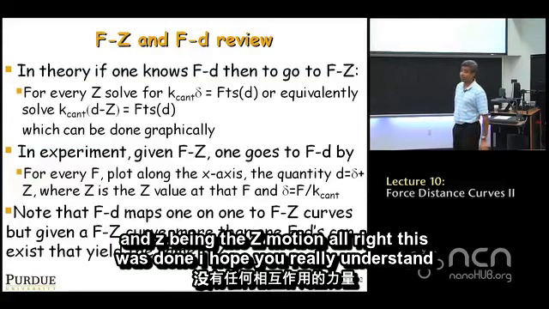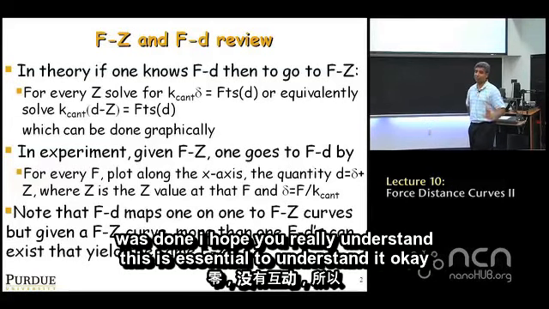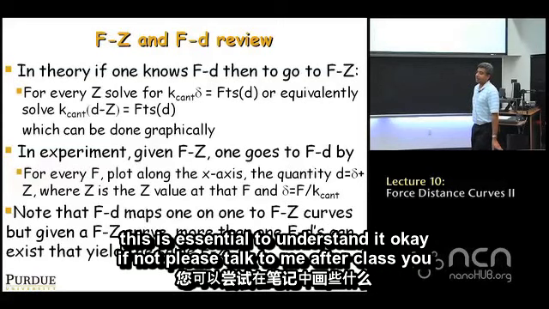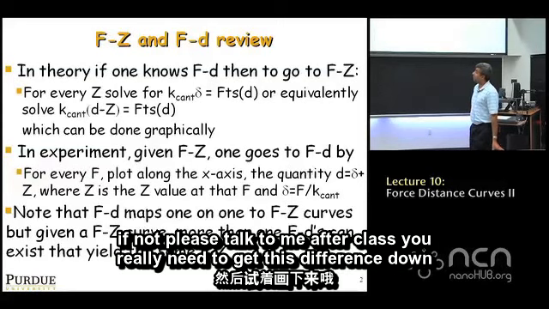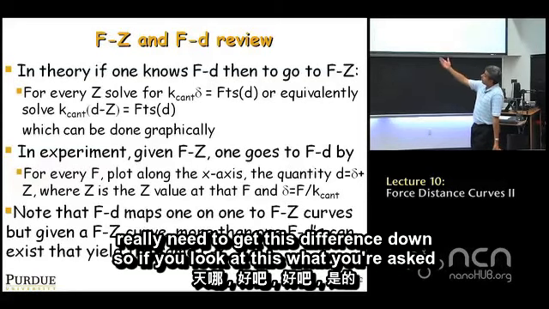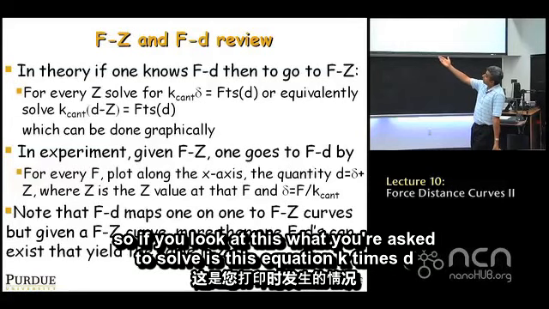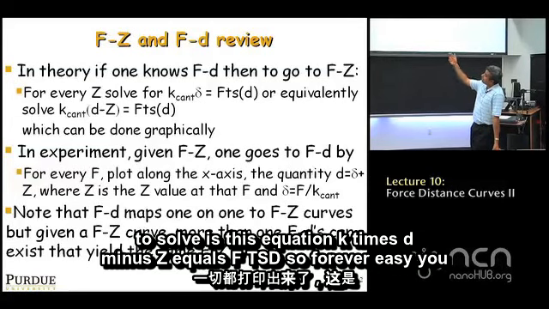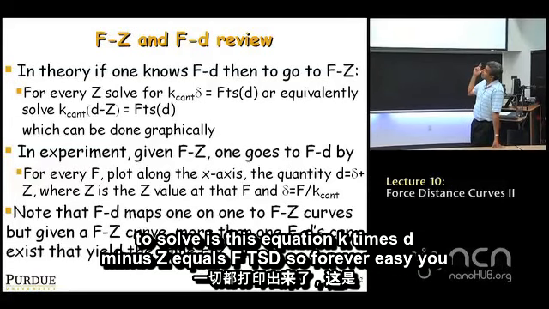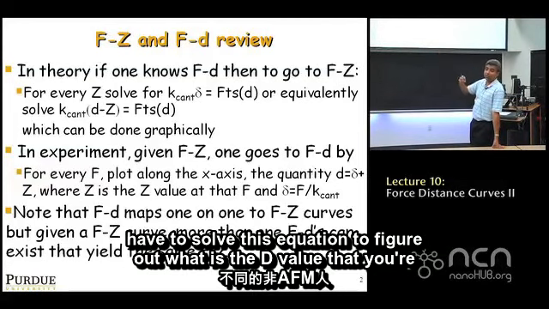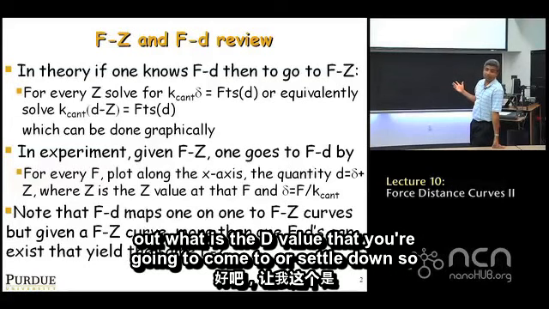I hope you really understand this. It's essential to understand it, okay? If not, please talk to me after class. You really need to get this difference down. So what you're asked to solve is this equation, k times (d minus Z) equals FTS(d). For every Z, you have to solve this equation to figure out what d value you're going to settle down to. That's it, okay?